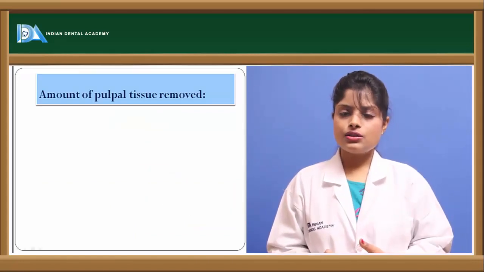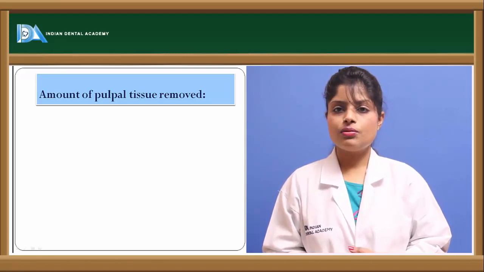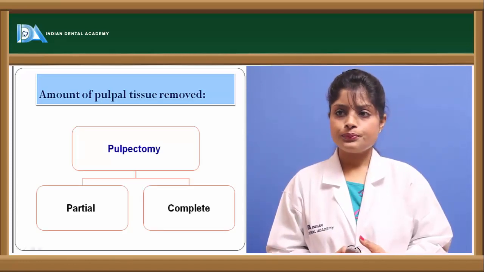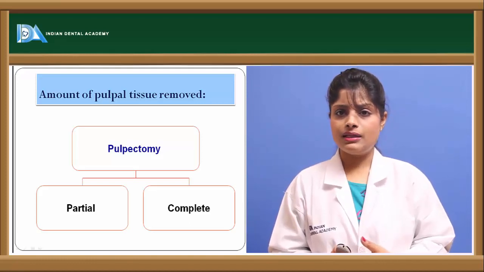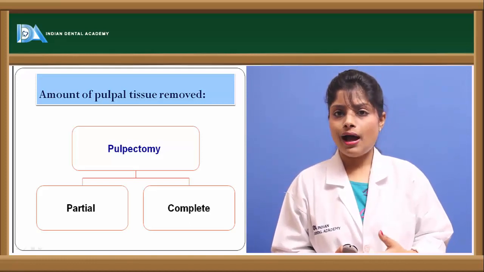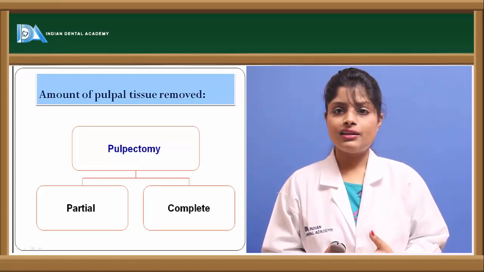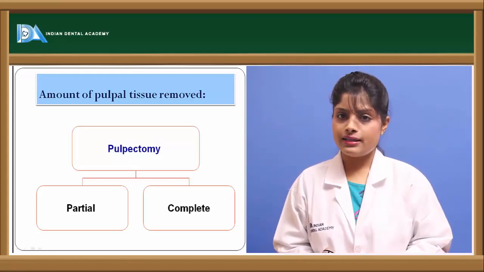Then on the basis of the amount of pulpal tissue removed, pulpectomy can be classified either into partial or total pulpectomy. In partial pulpectomy, we just remove the part of the pulpal tissue that is infected by the means of H files.